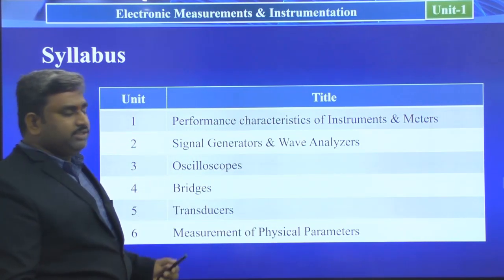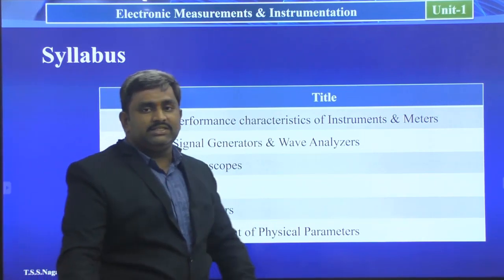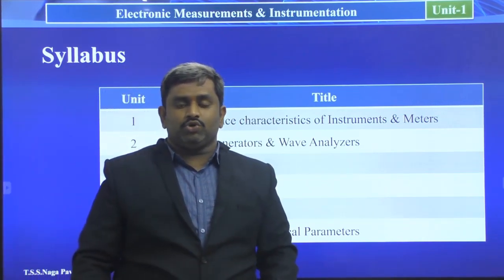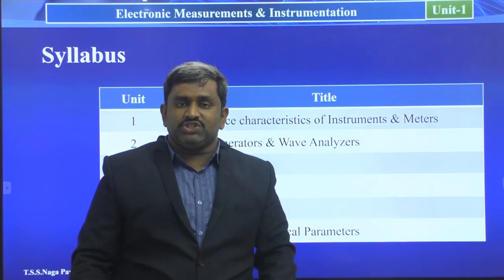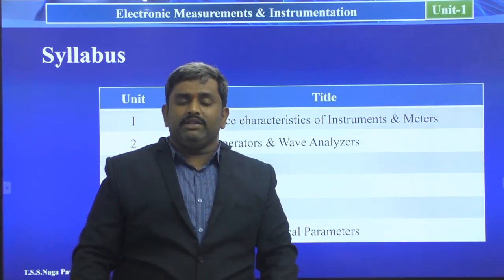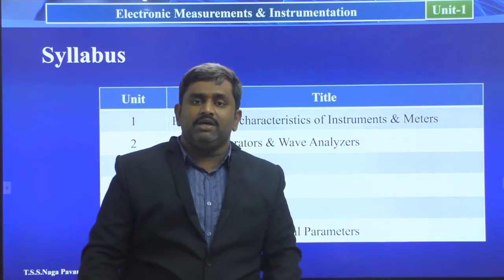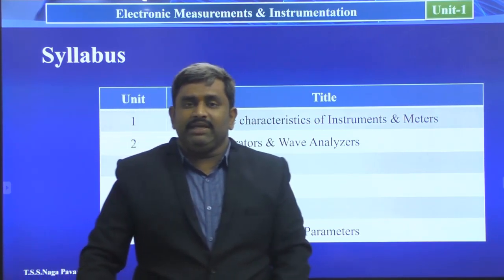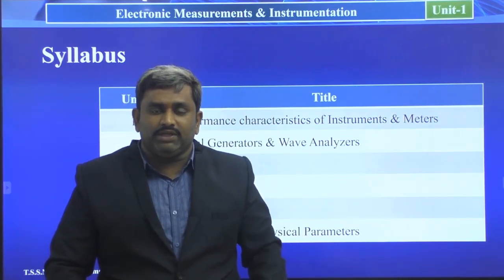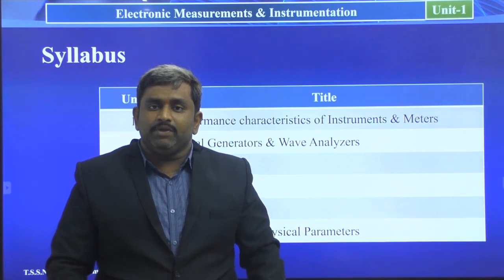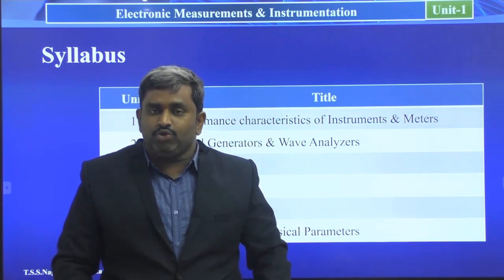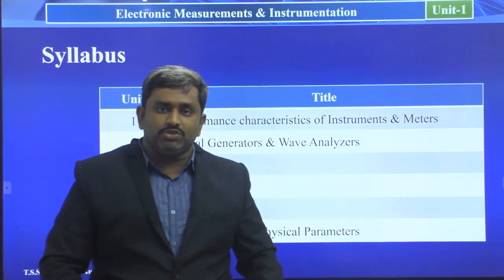Coming to the third unit, oscilloscopes, that is, cathode ray oscilloscopes, CROs. From the first year onwards, we use the CRO in our UG level subjects. In every laboratory, an electronics student has to deal with cathode ray oscilloscopes.